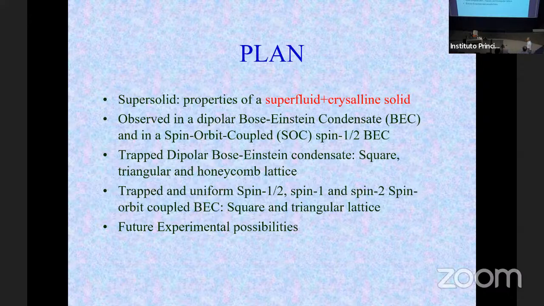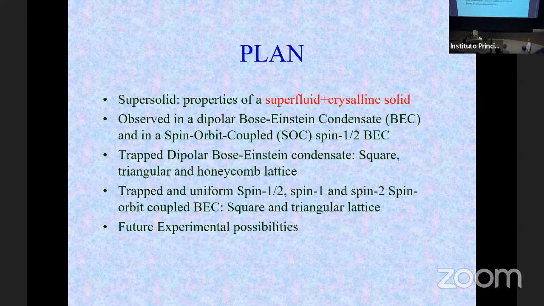It is broken. It has discrete translational symmetry, and you have at the same time breaking of gauge symmetry, continuum gauge symmetry, because of the generation of the phase coherence.